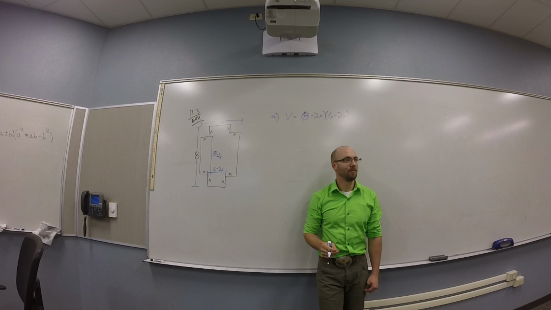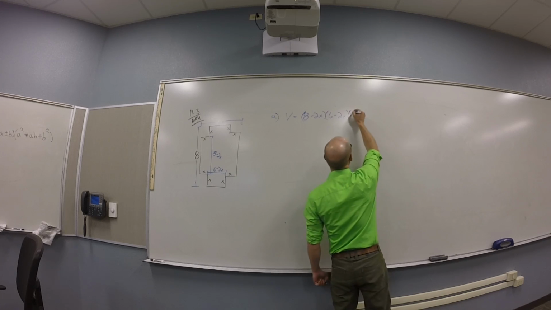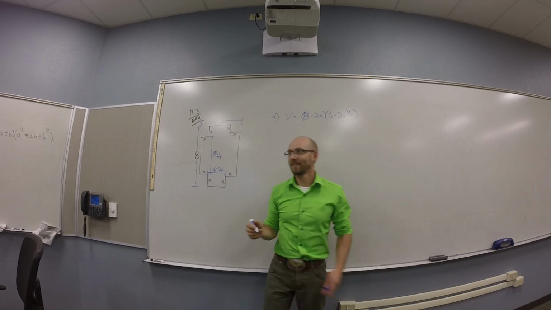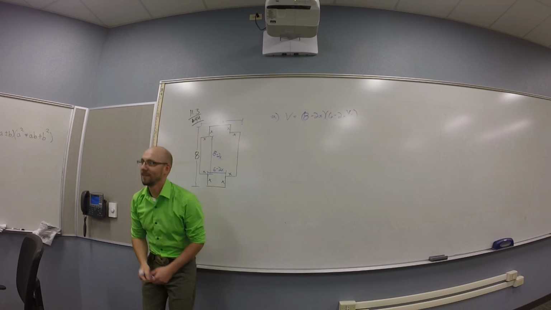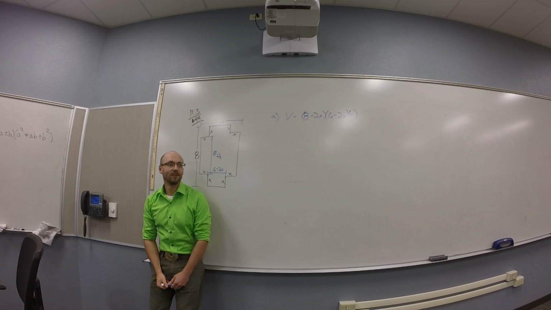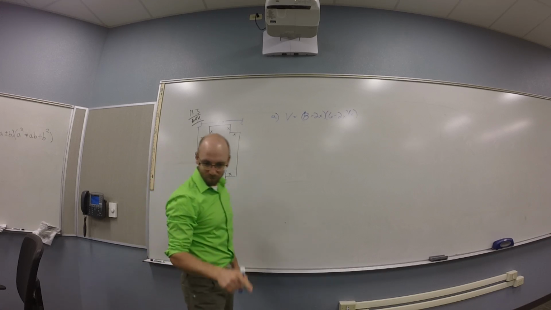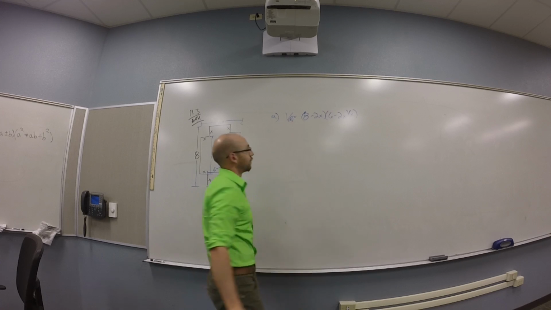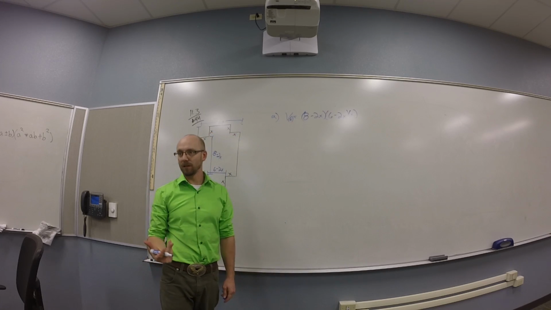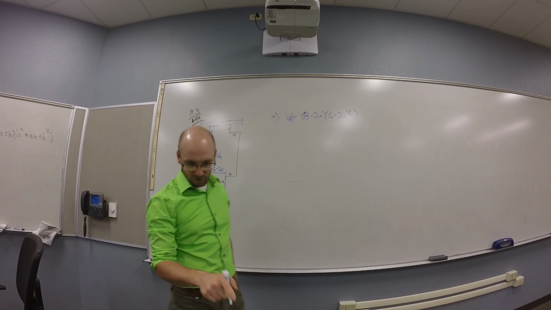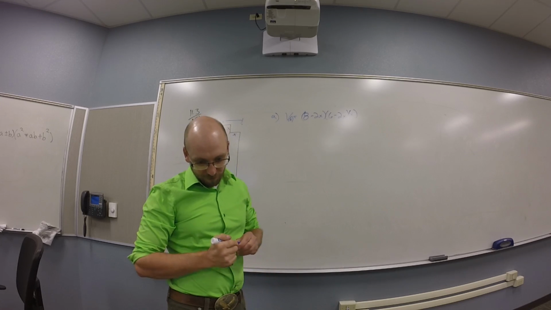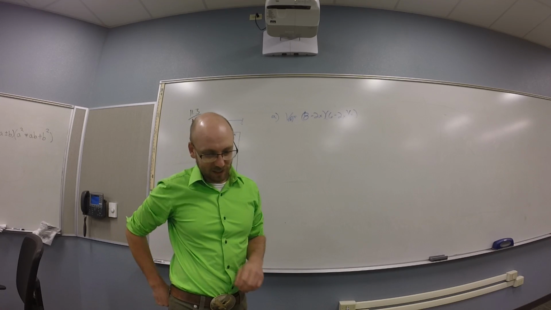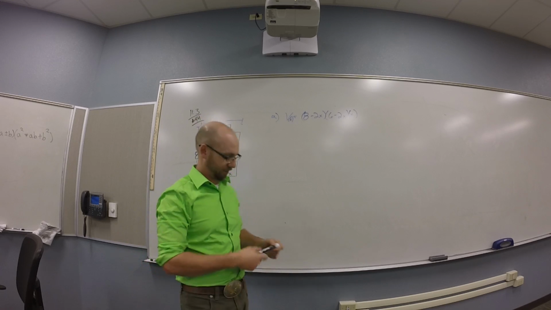How tall is it going to be? x. Good. That's my volume as a function of x. Great. Part B: for what values of x does this formula make sense?